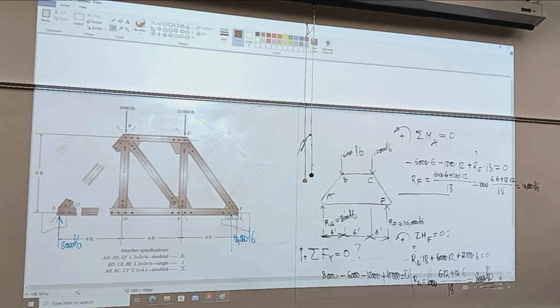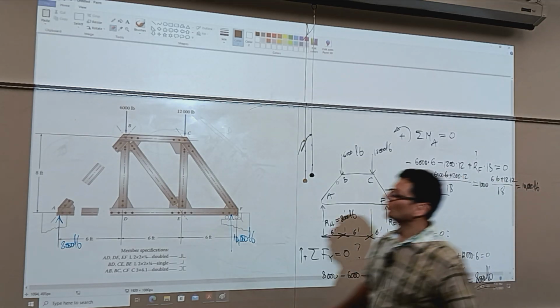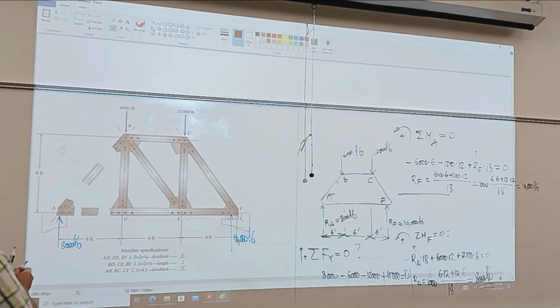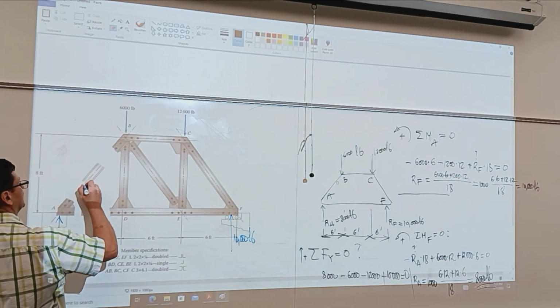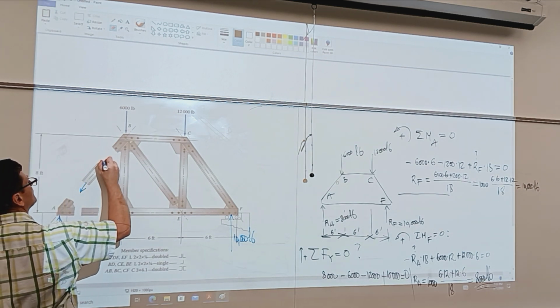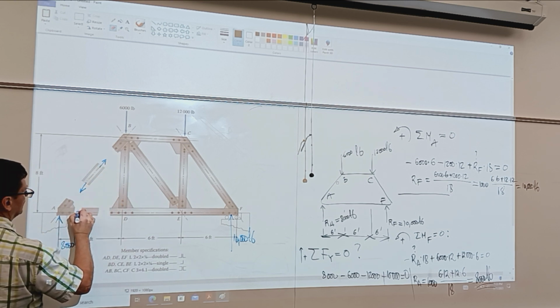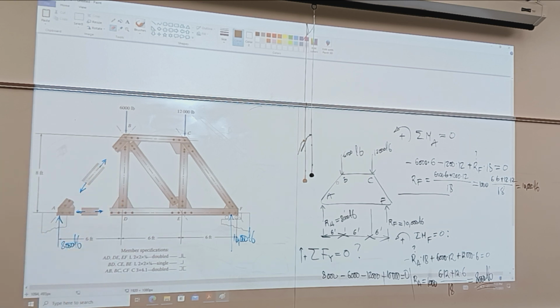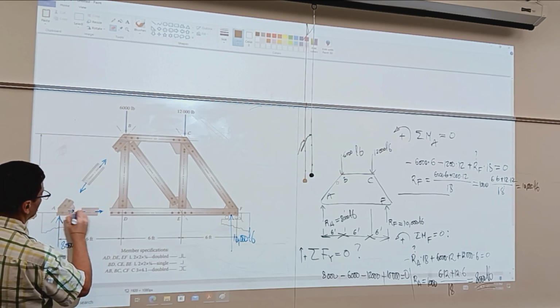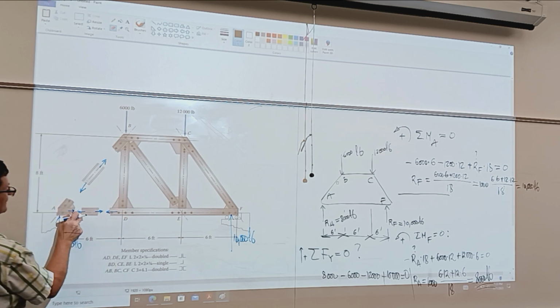So this is the method of joints, and I isolated one joint here, and I said that the link is in tension. The link in tension means that it's loaded with forces like so. Is it clear? Do you follow? And then I have the other force, because they are like internal forces.